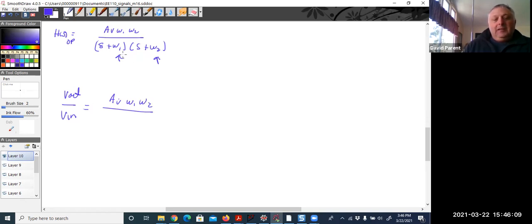I know this is going to multiply through by 1, and then it's going to cancel the denominator. So I'm going to be left with beta times the open loop gain of that.